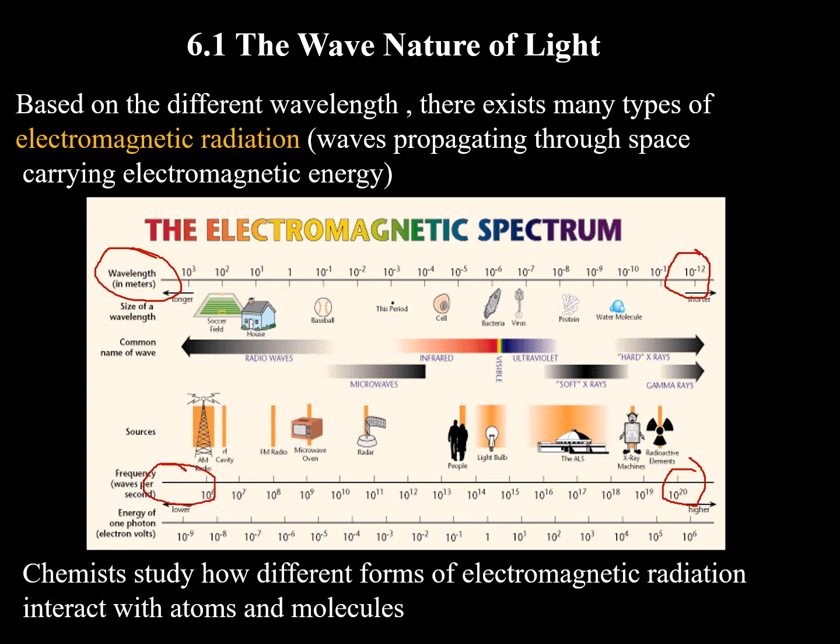These are some examples. Going from left to right, we have radio waves, then microwaves, infrared (IR), visible, which we are accustomed to with our eye being the detector, and then UV rays, soft X-rays, hard X-rays, gamma rays.